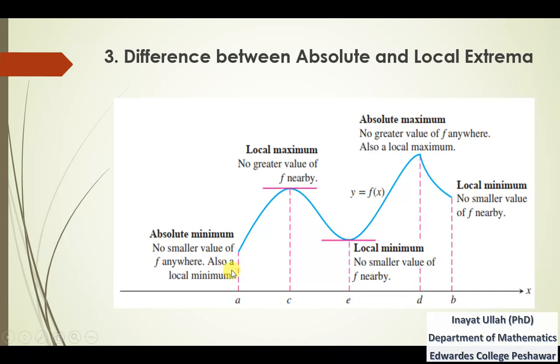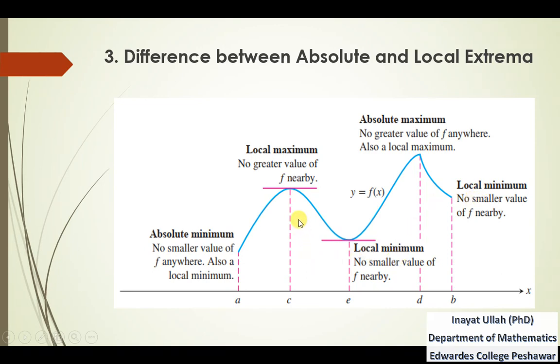The smallest functional value is called the absolute minimum value, and the rest of the smaller values, this value and this value of the function, are called local minimum values of the function. Absolute means throughout these distances, this distance is the smallest one, and the rest of the minimum distances are called local minimum values of the function.